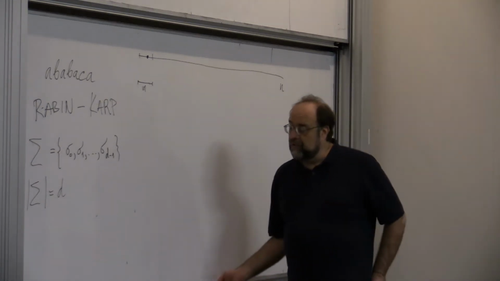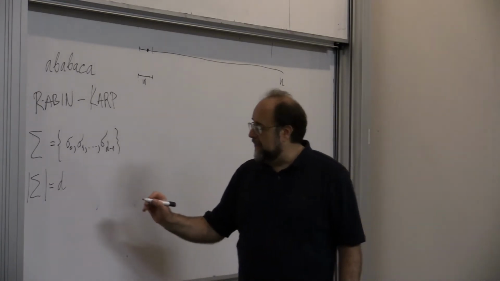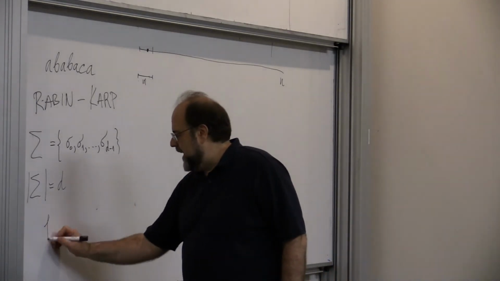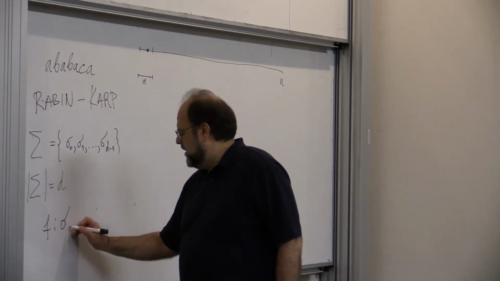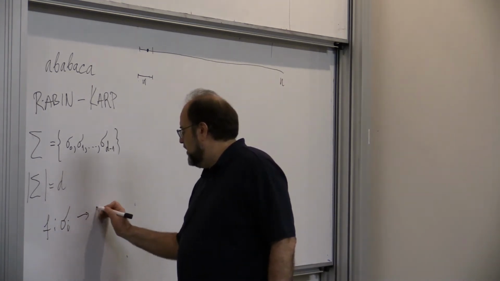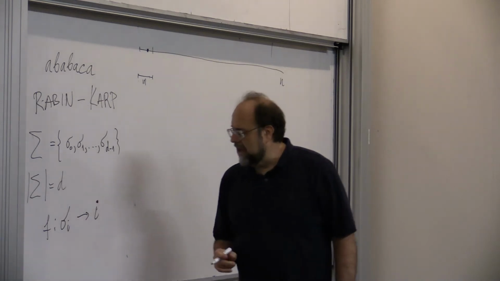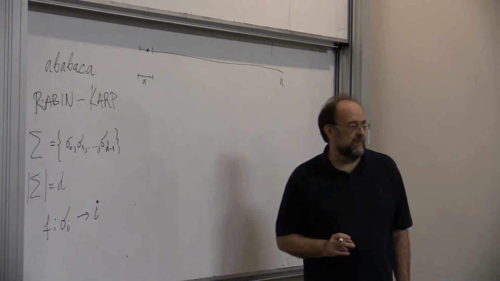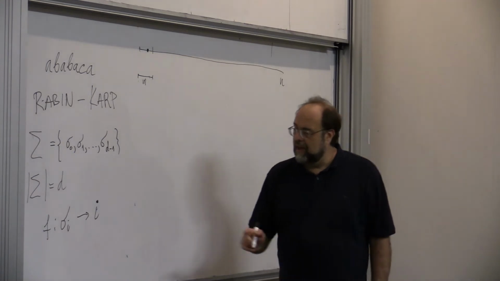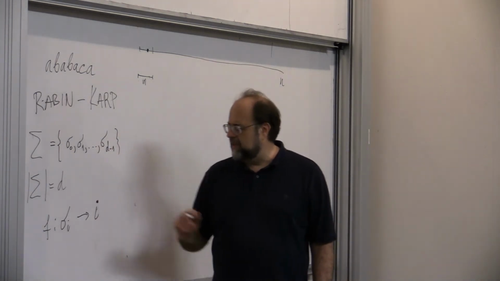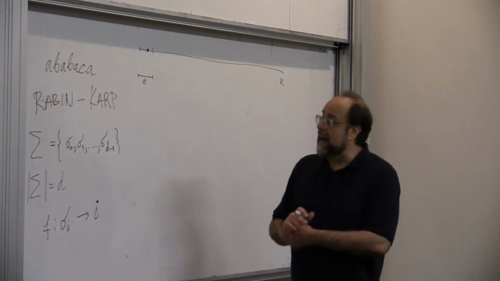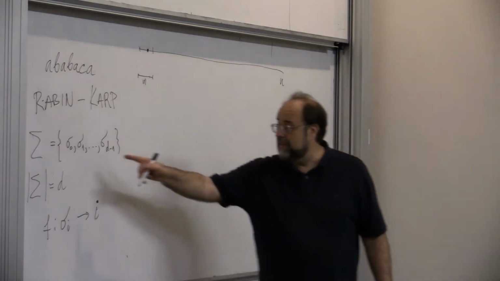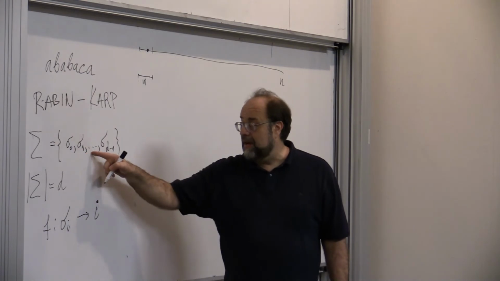So now we can simply consider a function f that maps symbol sigma i into number i, right? So simply the ith symbol is mapped into just i. In this way, the symbols actually become numbers.